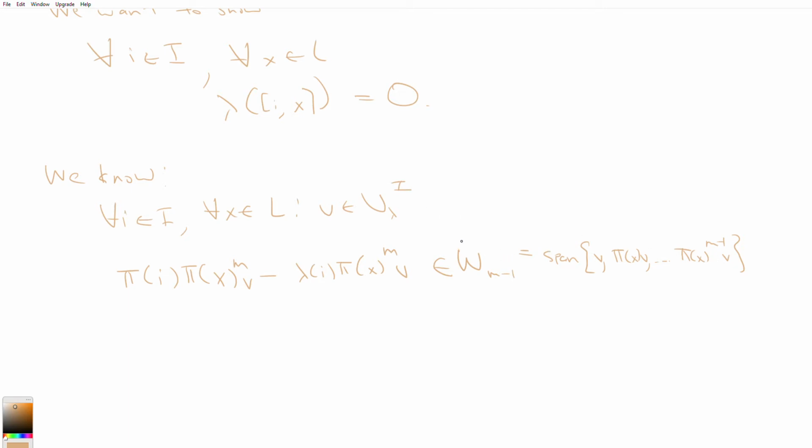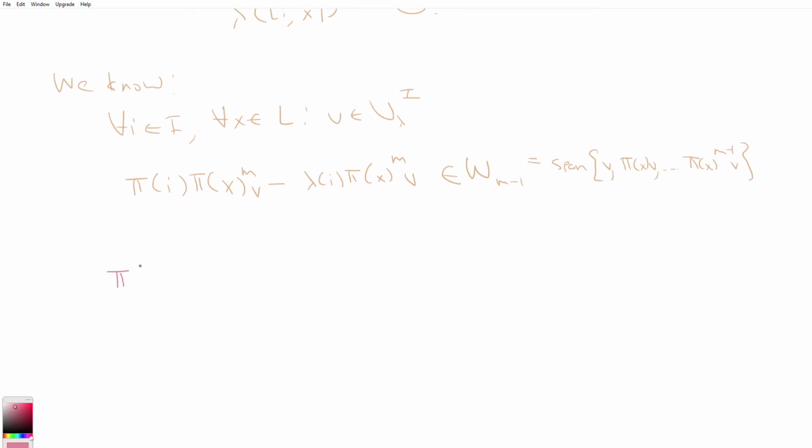And with this in mind, I want to make an observation. We're saying that π(I) times π(x)^m v minus λ(I) times π(x)^m v is an element of W_{m-1}. So that means, with appropriate choice of scalars, π(I) acting on π(x)^m v is equal to some linear combination of these guys, because it's an element of W_{m-1}, plus this term here.